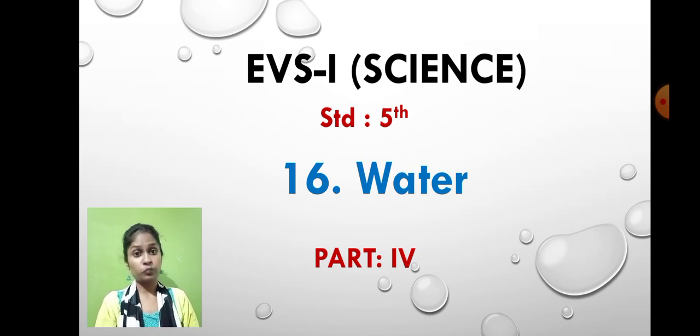So let's recall once again whatever we have learnt in the last lecture. So students, so far we learnt what we exactly mean by water pollution. In water pollution, a lot of impurities get added to the water, and those impurities might be in the form of soluble impurity or insoluble impurity.